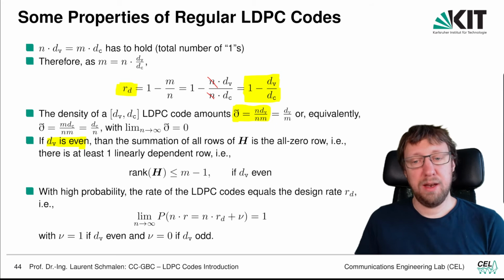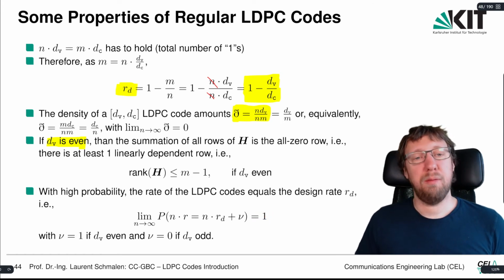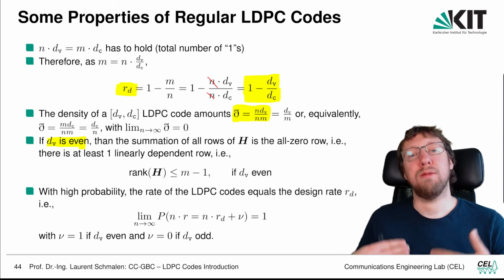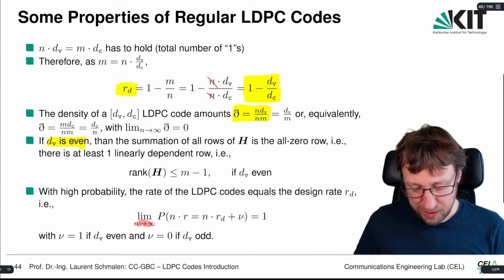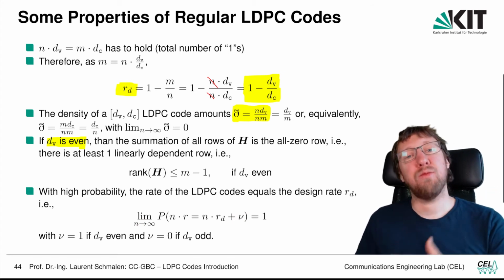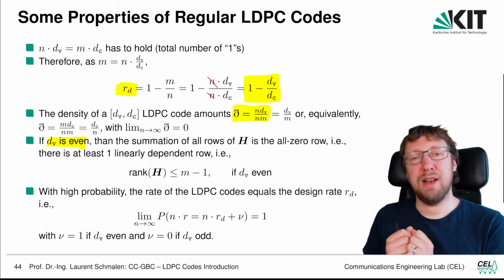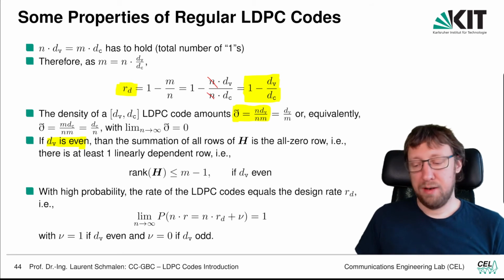That's going to be the number of independent columns. So that approaches 1. So the probability that we have a full rate code also approaches 1 if n is sufficiently large, so if n goes to infinity. We just need to take into account that when dv is even, we have at least one linearly dependent row, but if n gets large, the probability is also larger. It just remains this one dependent row.